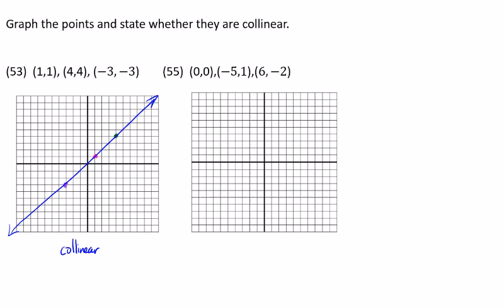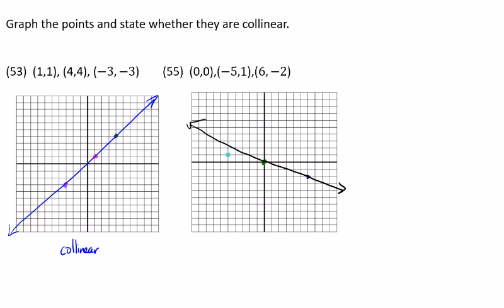All right, 55: (0, 0), (-5, 1), and (6, -2). All right, so these ones kind of look like they could be collinear, right? But if we lined up a straight edge, they're not, right? There's one line that goes through these 2 points, right?